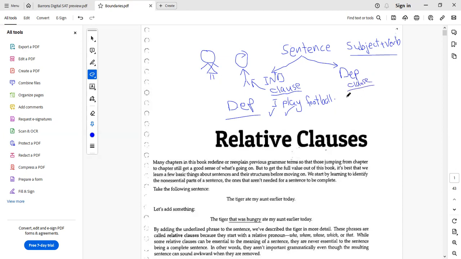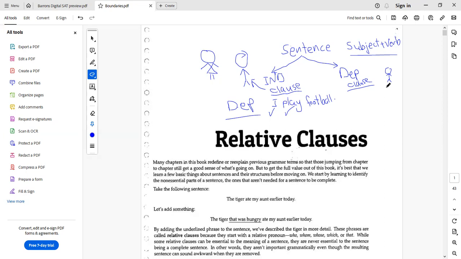And the dependent clause looks like you. You are depending on your father and mother. You are depending on your teacher. You are not fully independent. An example like a baby, not you, like a baby. The baby can't walk alone. The baby can't eat alone.